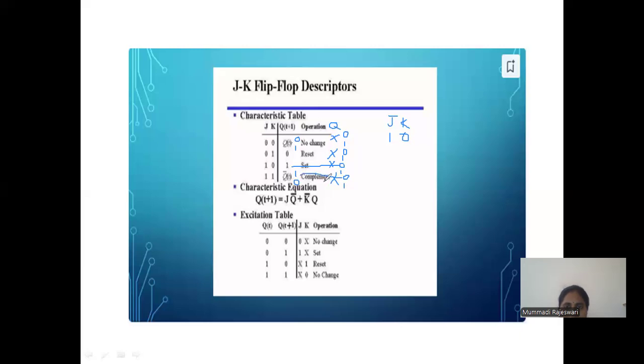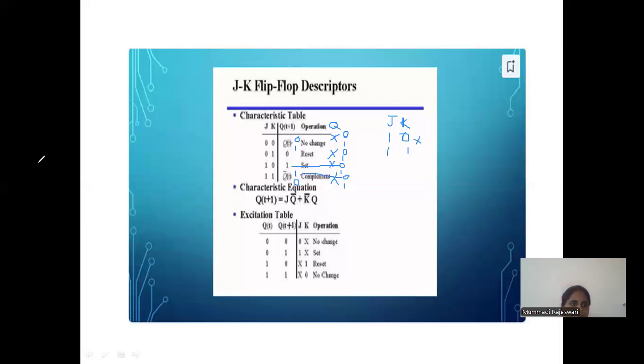This is the second condition. One set of inputs is 1, 0, and one more is 1, 1. So the mandatory inputs for Qn equal to 0 and Qn+1 equal to 1 are J equal to 1 and K equal to X, which means we are getting an unknown value. This is the second condition.